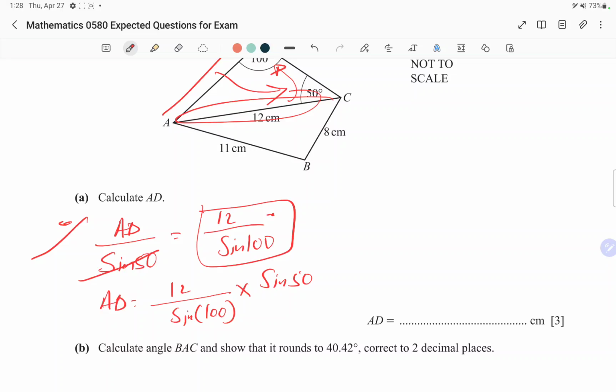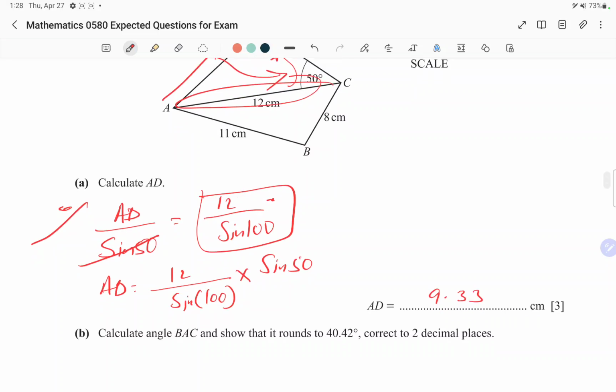Okay, 12 times sine 50 divided by sine 100, which is 9.33. So 9.33 should be the answer.